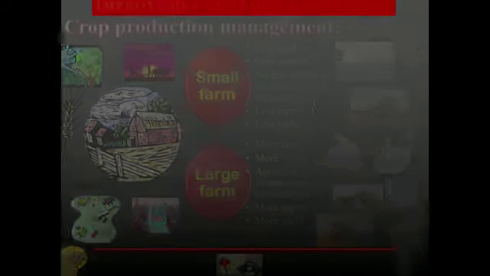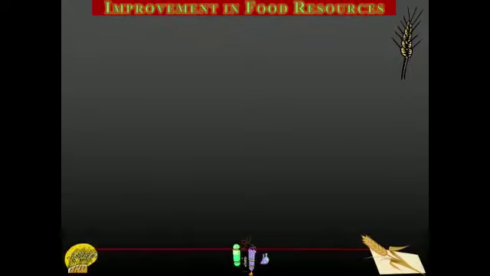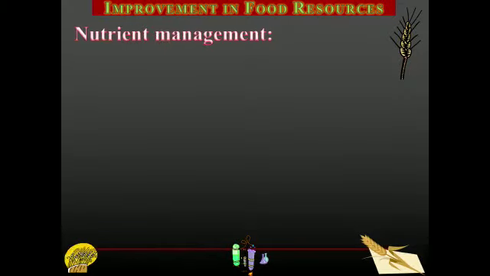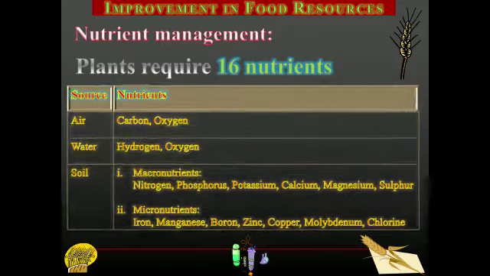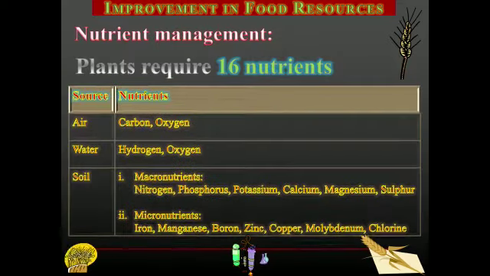There are a total of 16 nutrients that are required by plants, out of which there are some essential nutrients like carbon, oxygen, and hydrogen, which plant gets from air and water, whereas plant is also dependent on soil for nutrients.